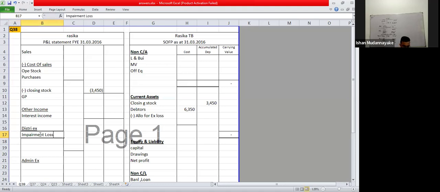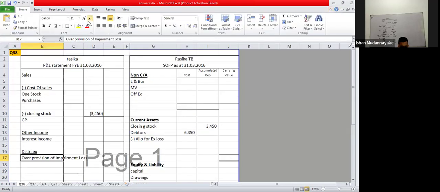Now that amount is over provision of impairment loss.